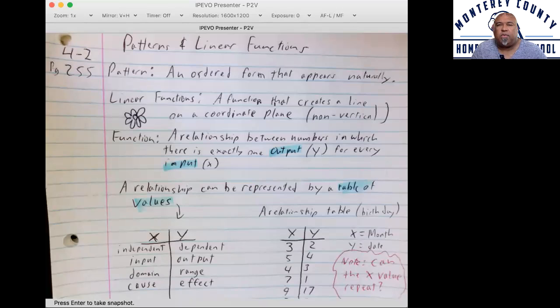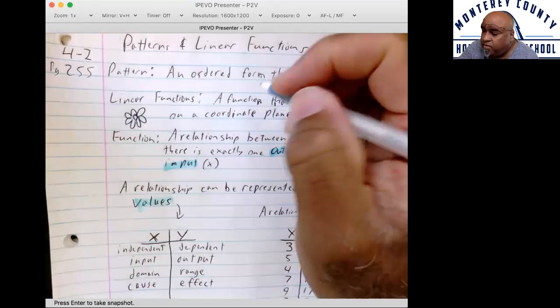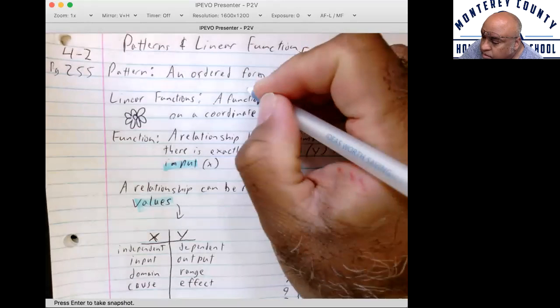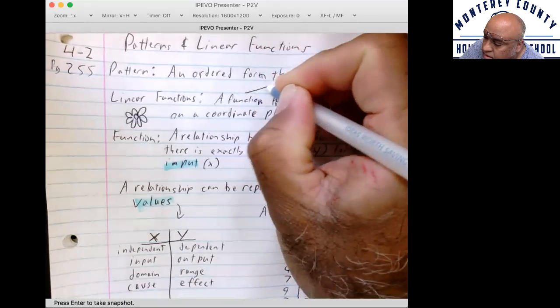For example, the growth rate from age 12 to age 20. Basically the borders of the teen years, because 12 is the last year where you're not considered a teenager, and 20 is the first year that you're not considered a teenager in terms of going up. So you would see that a growth rate would probably occur at a linear, straight rate, meaning that if you were to chart it on a graph, it would probably look something like this.